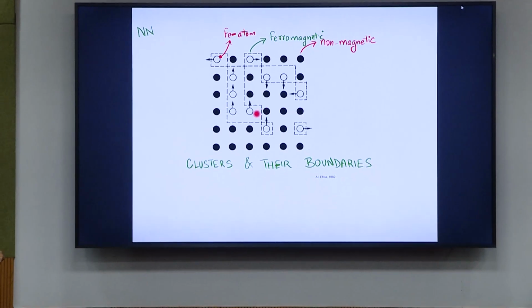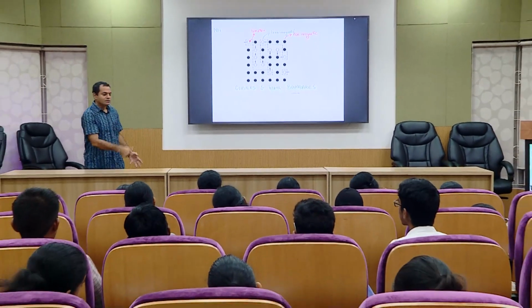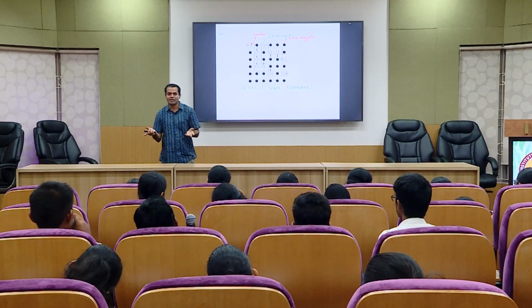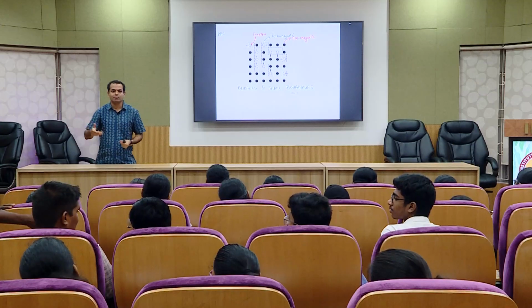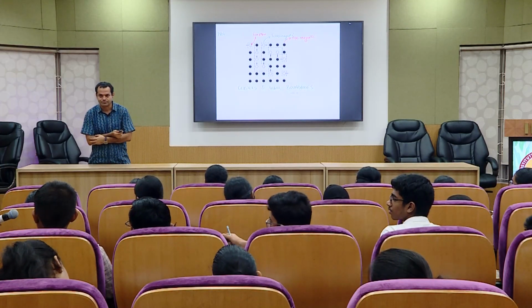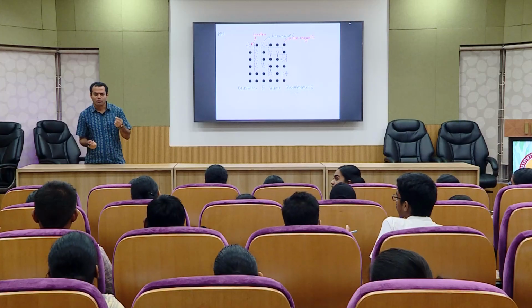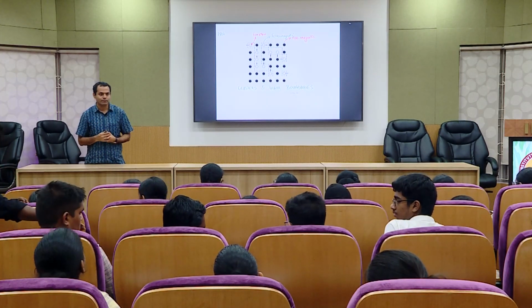How about the cluster? So why these are up and this is sideways, is that the question? Whether it is sideways or up or left or down, all have the same energy, equal energy. So with equal probability, it can be in any of these configurations. What is determining that? Some random process, a small perturbation, small disturbance to the system.